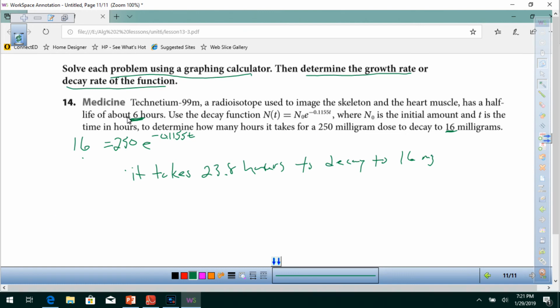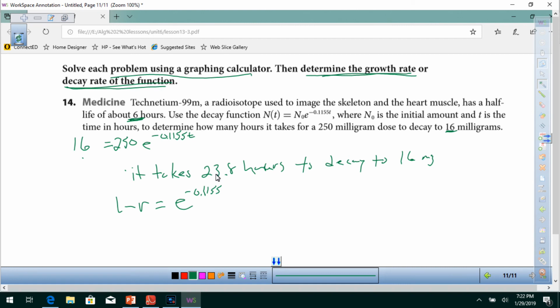Now, the second part was to determine the growth rate or decay rate. Well, this is going down, right? Because it started out at 250 and it got down to 16. So we're going to do 1 minus R equals e to the T. In this case, I think the T was negative 0.1155.